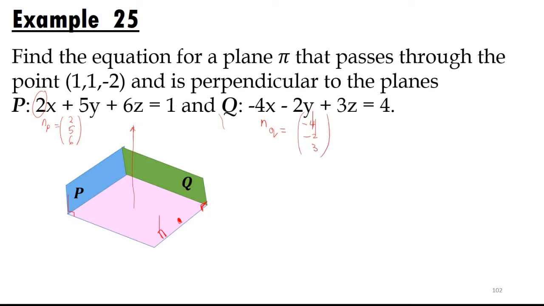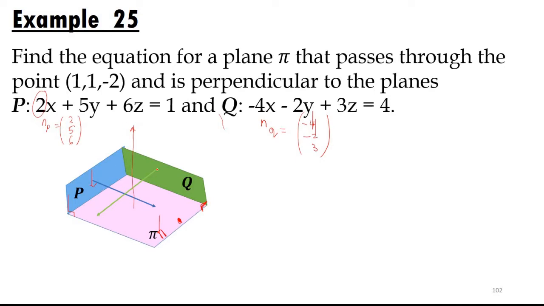So, untuk P, normal dia akan perpendicular dengan biru tu. Dia terkeluar macam itulah. Okay, Q pula perpendicular dengan hijau. Awak punya plane hijau. So, normal dia akan keluar macam tu. So, untuk pink punya normal, macam mana saya nak dapat?